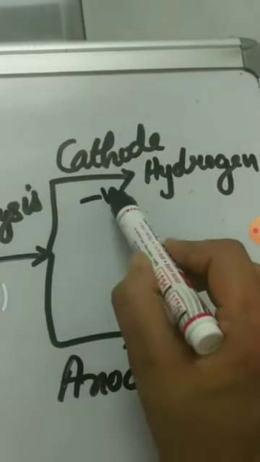When we see the hydrogen, we know hydrogen having positive charge over it, whereas oxygen having negative charge over it. So opposite charges, they attract each other. That's why hydrogen collect over cathode and oxygen collect over anode terminal during electrolysis of water.